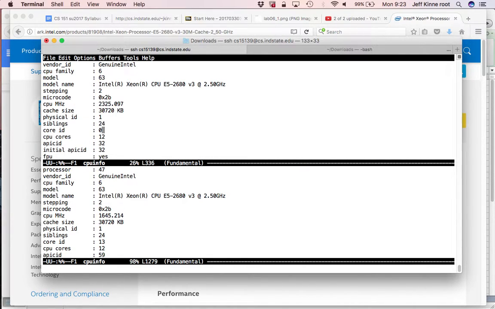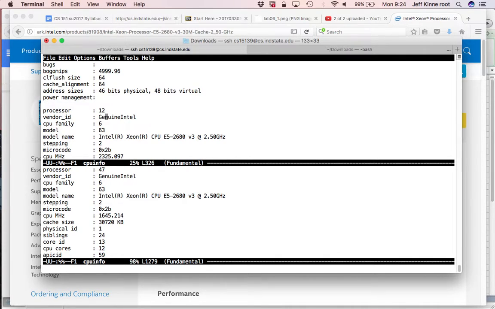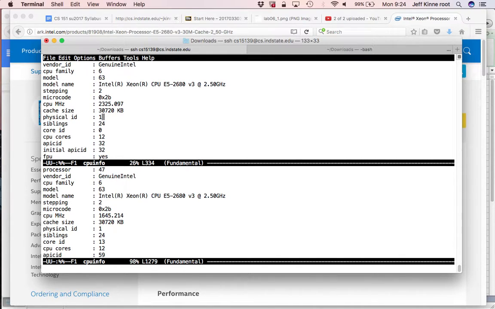and then we're still on, okay, so then processor 12 is on physical ID 1. Okay, so there's actually two different physical IDs here. So if you knew that, then you would know that there's going to be two of these.